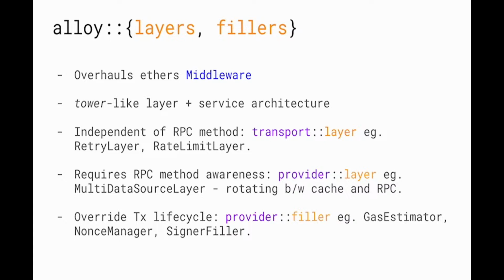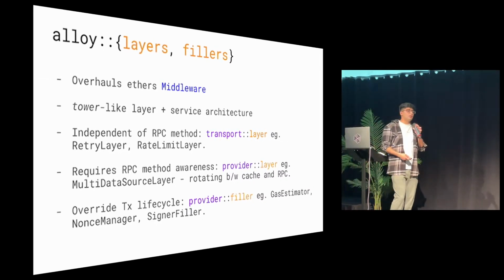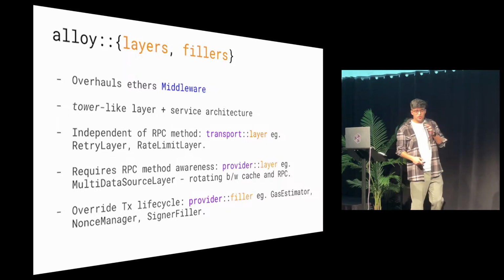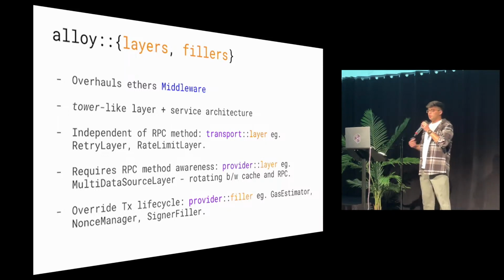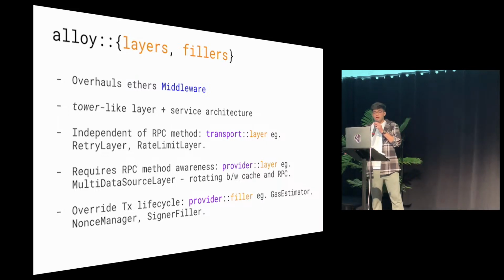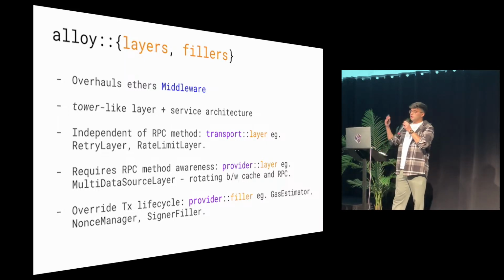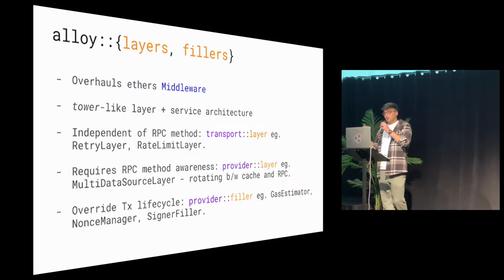Introducing Alloy layers and fillers. It completely overhauls the Ethers middleware framework, achieving the same results in a better and easier way. We build upon the Tower-like layer and service architecture, where you can stack up multiple services. By the way, Tower is a networking library, if people don't know, that allows you to stack multiple services like retry layer, rate limit layer, concurrency layer.